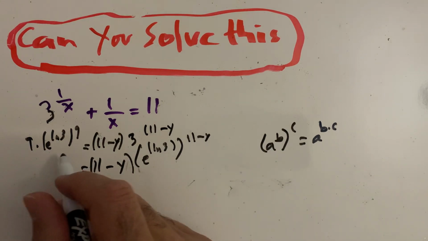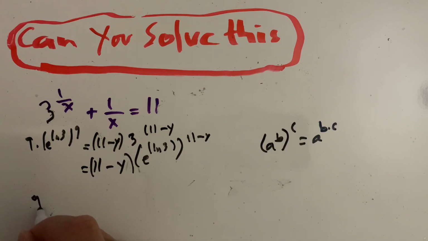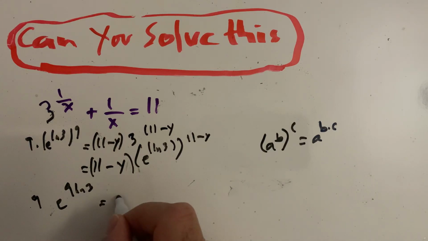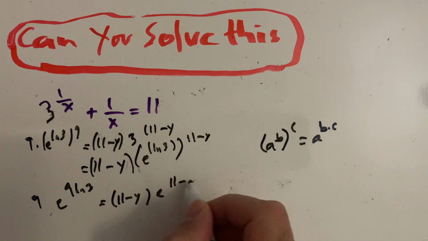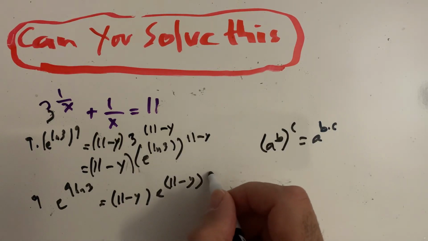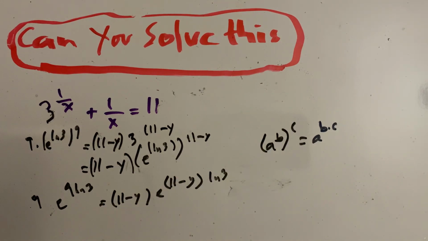And so exponential log of 3 to the 9 is the same thing as exponential 9 log 3. And the right-hand side is 11 minus y, exponential 11 minus y, times log 3. Good, so the other thing we need is a log 3 on both sides.